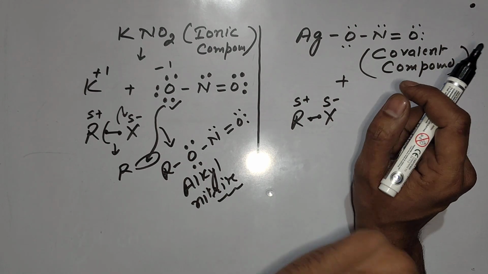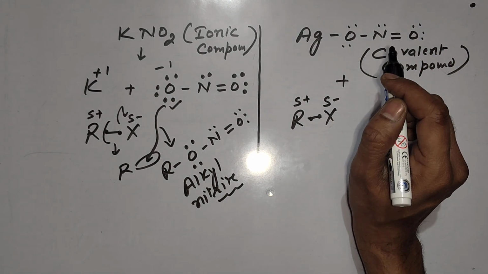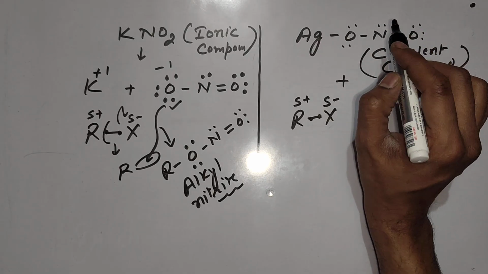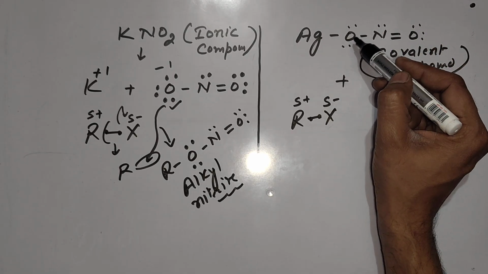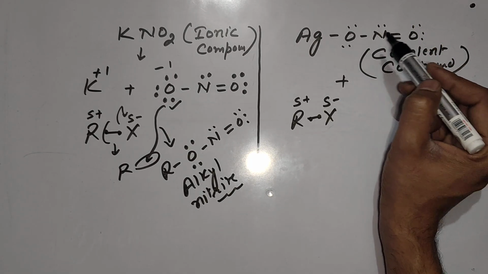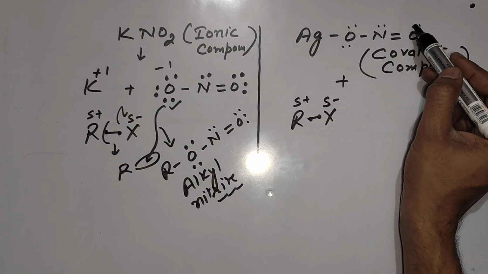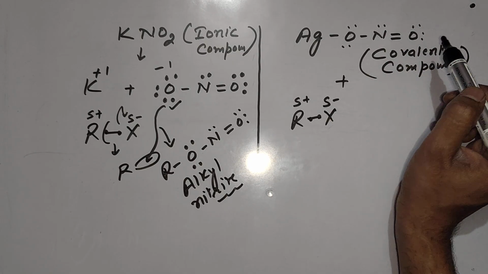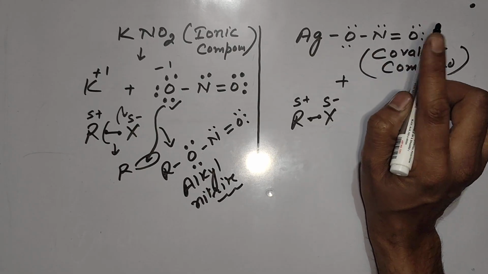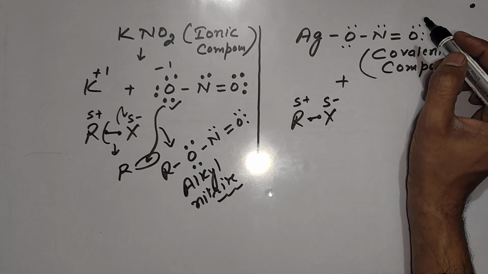This R wants electrons. Who can provide electrons? Three atoms are in position: oxygen with 2 lone pairs, nitrogen with 1 lone pair, and this oxygen with 2 lone pairs. Now in this condition, which atom is best for donation of electrons?